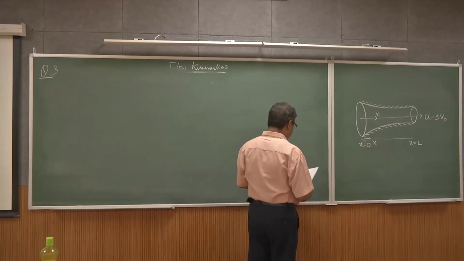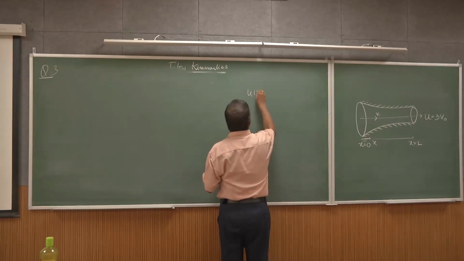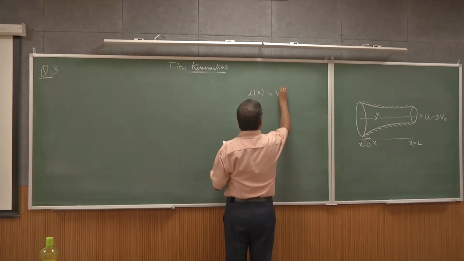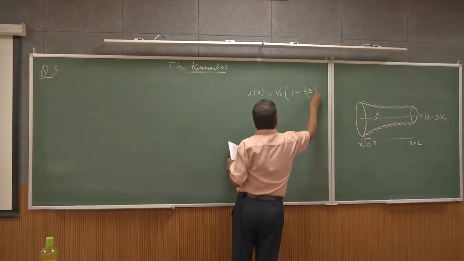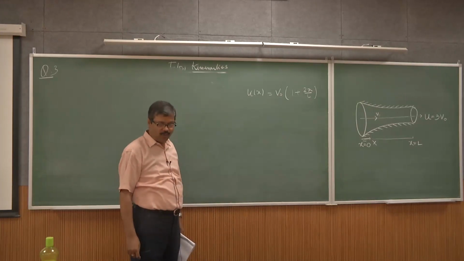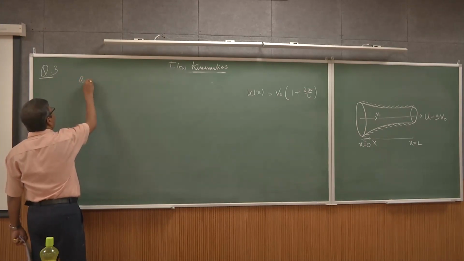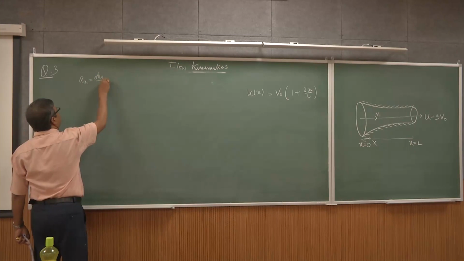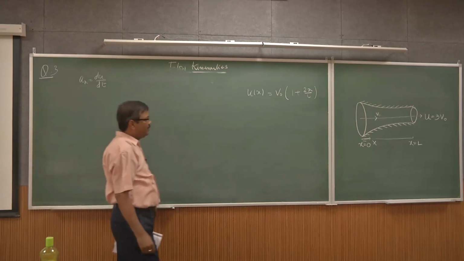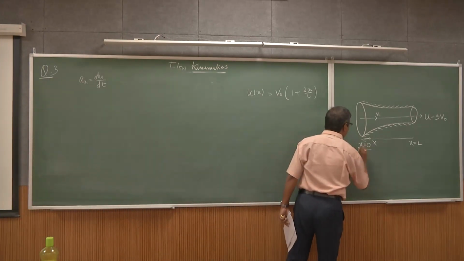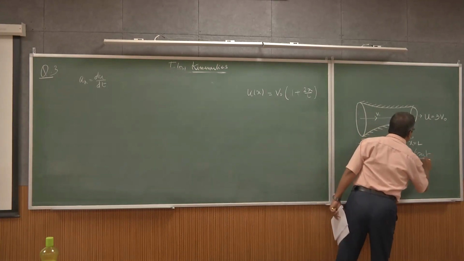This is the nozzle. The velocity field is given as u x equal to v naught times 1 plus 2x by L. This is the velocity distribution given to us. What we need to compute is the acceleration in the x direction, du by dt, at the entrance point, x equal to 0, and at the exit of the flow.